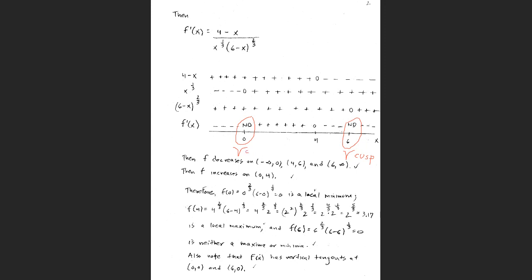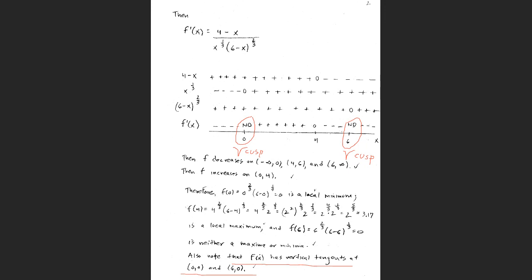There's going to be a cusp at x equals 0 and x equals 6. Or vertical tangent, if you'd like to say. It's not an asymptote. It's a cusp. So the function has vertical tangents at (0, 0) and (6, 0).